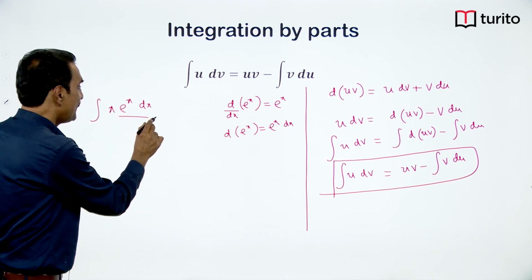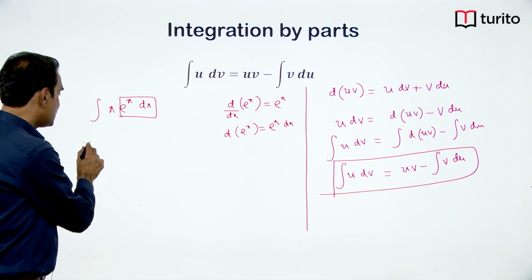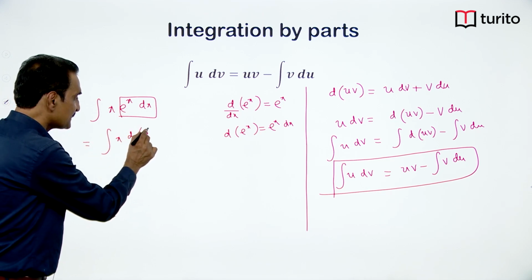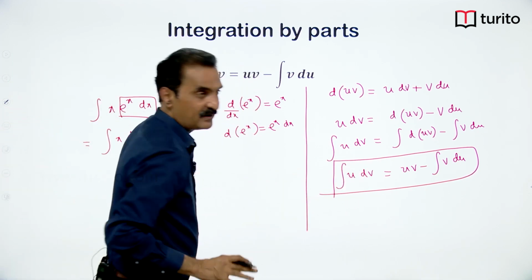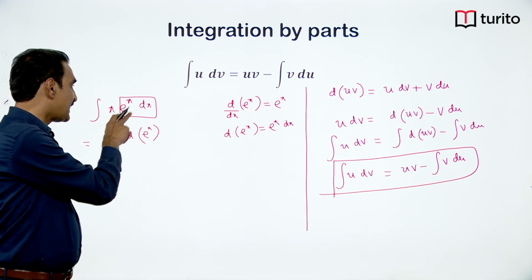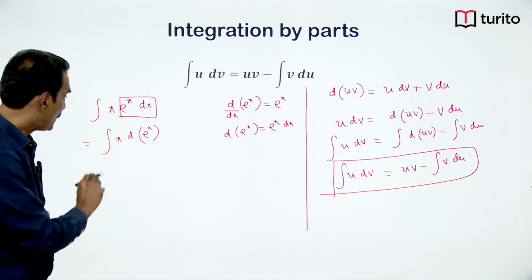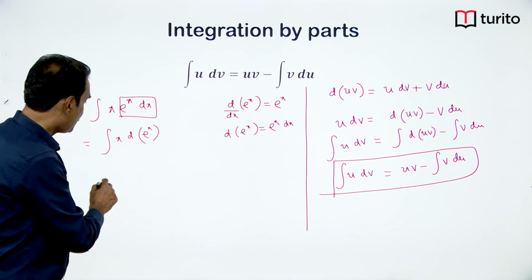So, we can write e power x dx as d of e power x. Then this will be integral x d of e power x. Now, it is in the form of u dv. So, if you want to integrate by parts, first you should write the integrand in the form of u dv. Now, u is x, v is e power x. So, apply that formula.